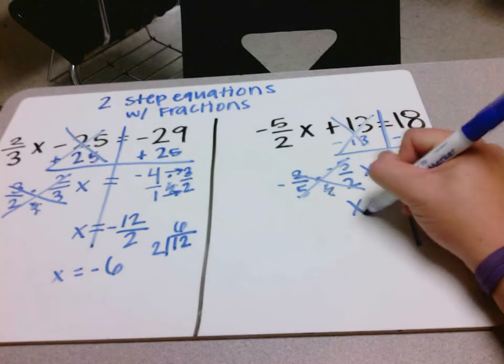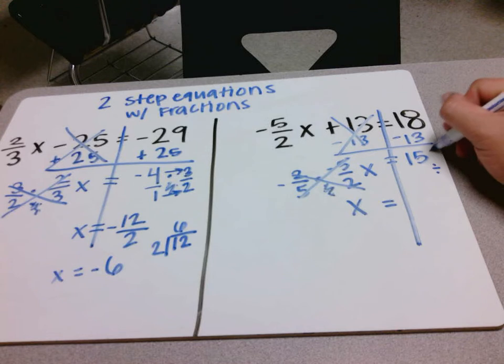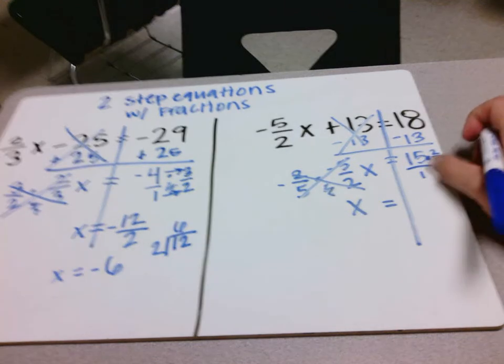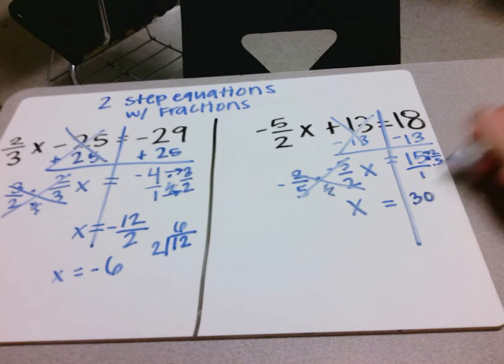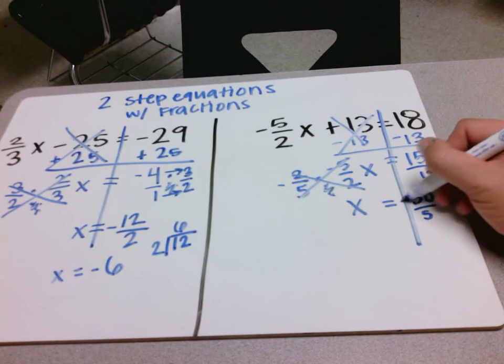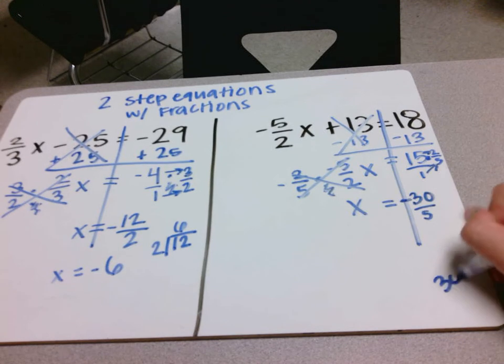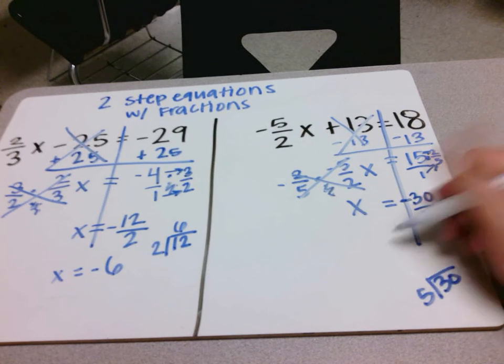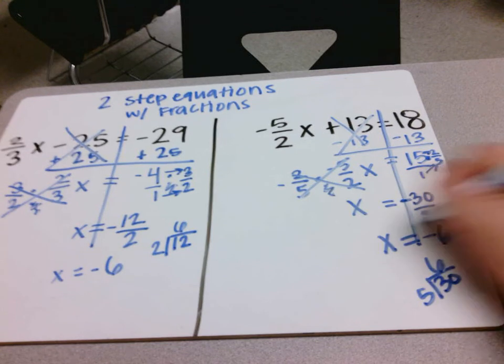I bring down my x equals, now I'm going to do negative 2 over 5 on this side. Now, I'm running out of room, but I know that 15 times 2 is 30, and 1 times 5 is 5. And I can't forget that negative sign. Now, I can divide this out and do 30 divided by 5, in which I get 6. So x equals negative 6.